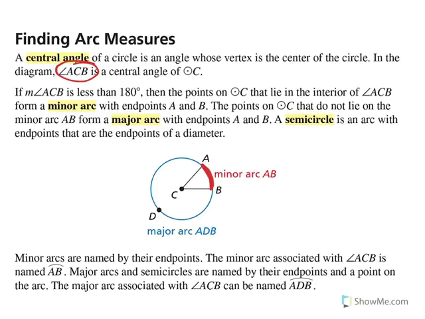When we have arcs, if the measure of that central angle creating that arc is less than 180, then we call it minor. If it is greater than 180, then we call it major, and if it's exactly 180, then we call it a semicircle, because we're cutting that circle in half.